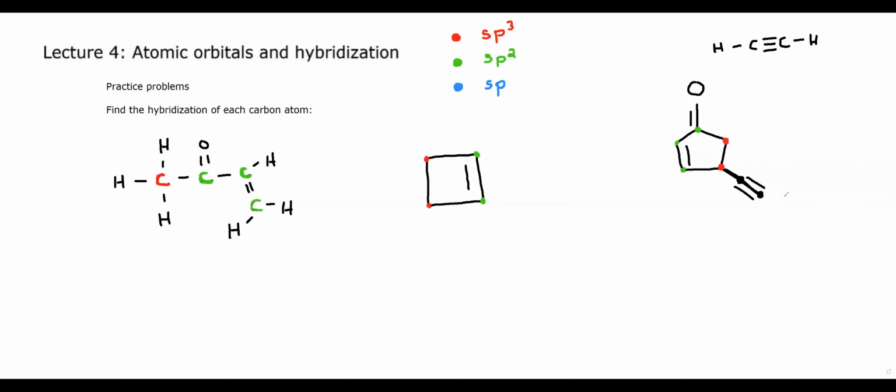Boom, boom. So we have this red carbon, which is sp3 hybridized, connected to this black carbon here. That black carbon, what color should it be? It should be blue because it's part of the triple bond. It's the carbon that starts the triple bond, and then it goes over here to this other blue carbon.